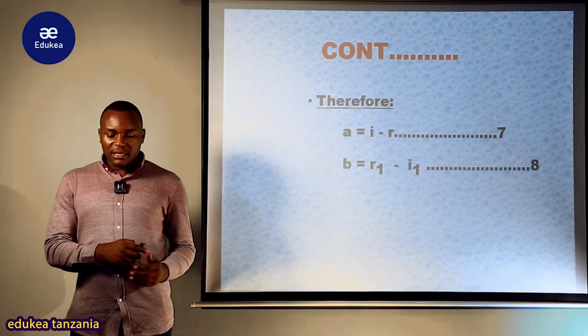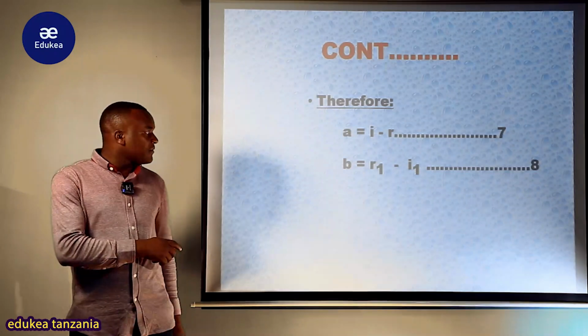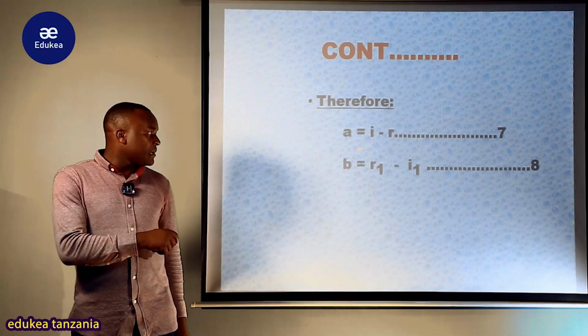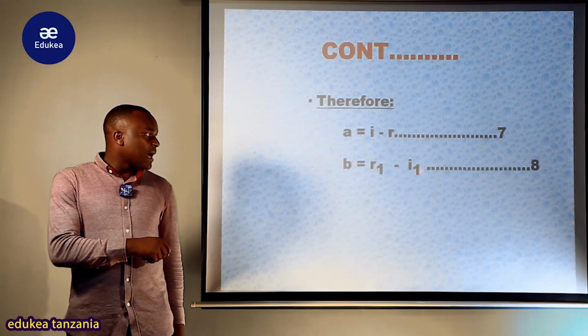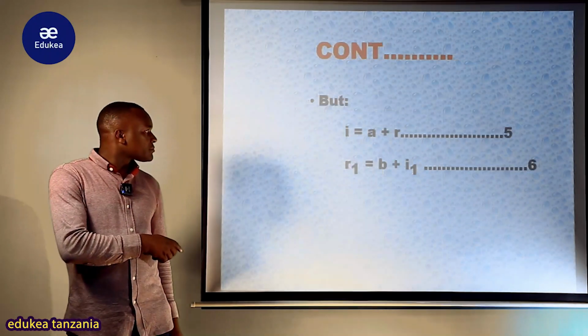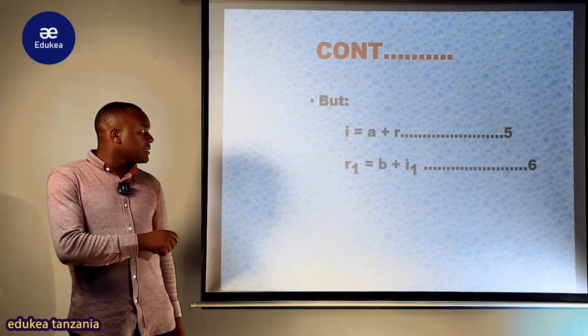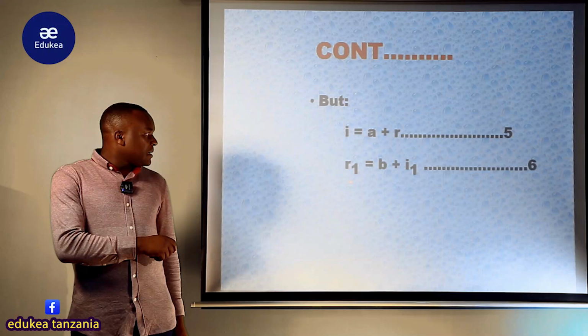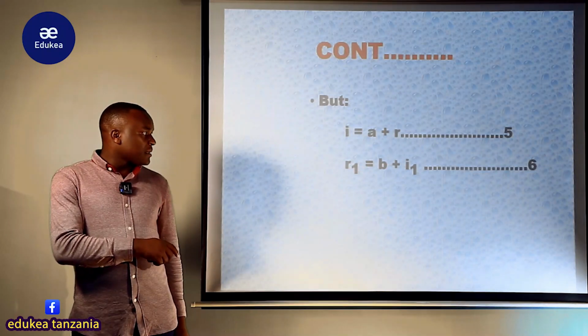question ya 8. Then kinachofuata ni kusubstitute tu katika formula zetu, kwamba palipo A nitaweka I minus R, palipo B nitaweka R1 minus I1, na palipo I nitaweka A plus R, na palipo R1 nitaweka B plus I1.